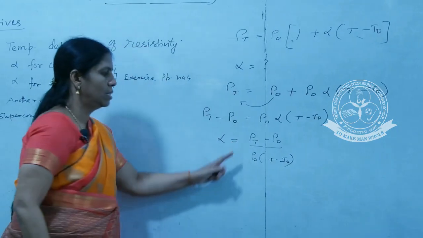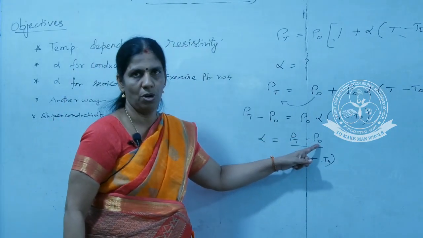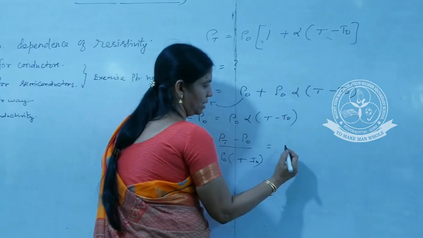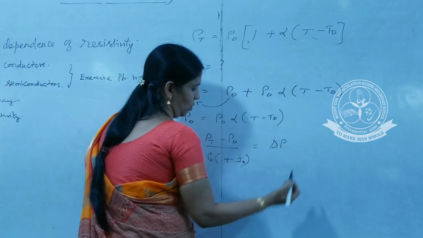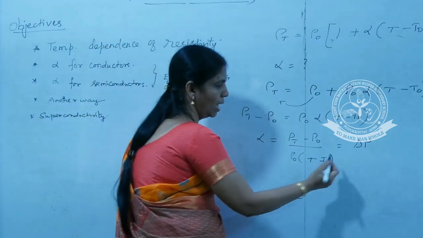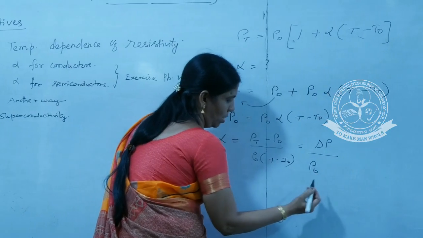Here, see, rho T minus rho naught means the change in resistivity, which can be expressed as delta rho, divided by rho naught.